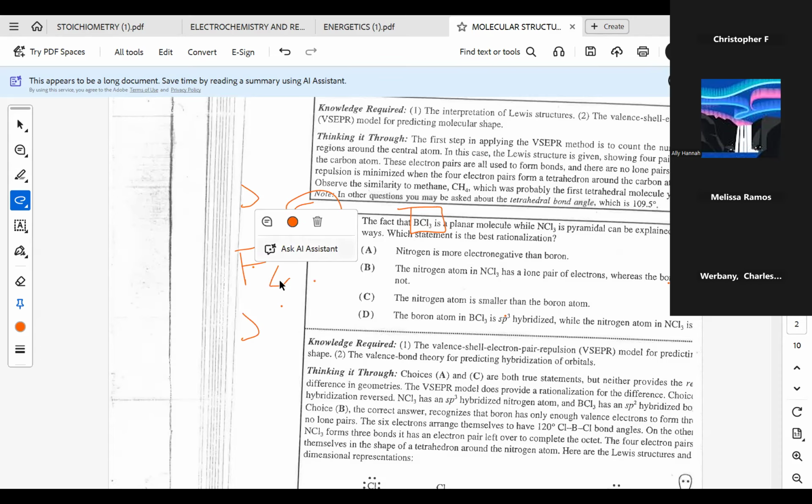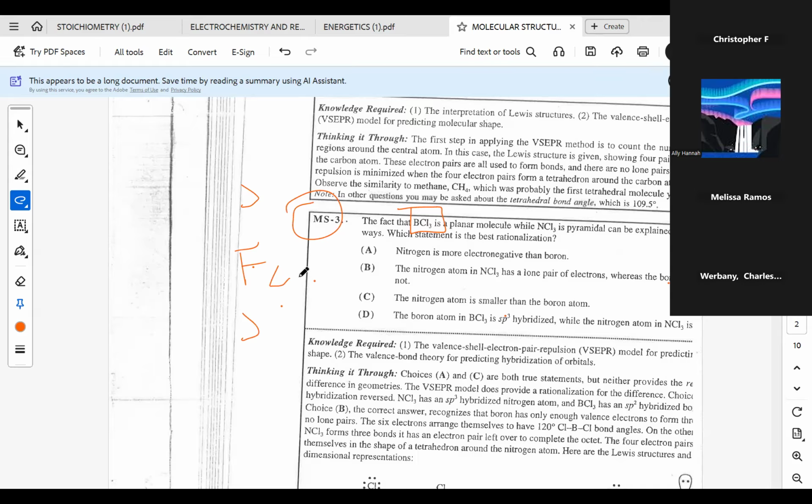I'm not going to waste everybody's time watching me struggle with the stylus. But boron's formal charge will be 3 valence electrons minus, remember, dots plus lines. BCl3 has no dots. It would have 3 lines. So we would see a formal charge of 0. We could do the same thing with chlorine, but we would get all 0 formal charges.